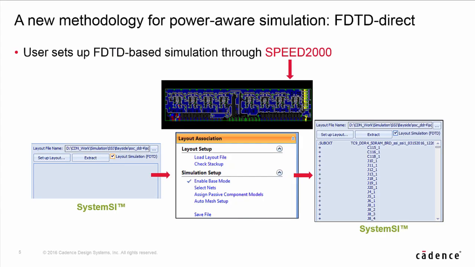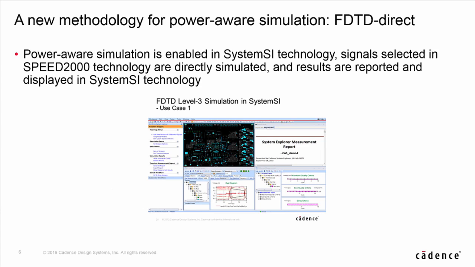At the system level, we directly open a physical layout and set up signals, decoupling capacitors and simulations, then enable the FDTD-based simulator from System SI. After the simulation completes, the result will be processed and reported in the same way as if using extracted models.